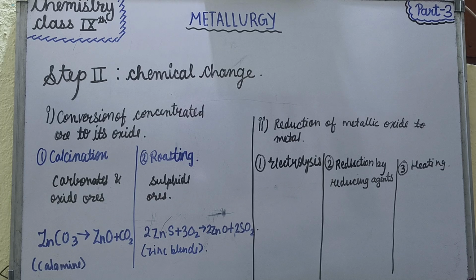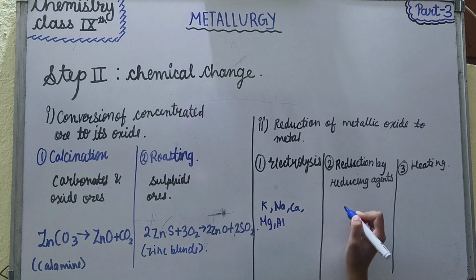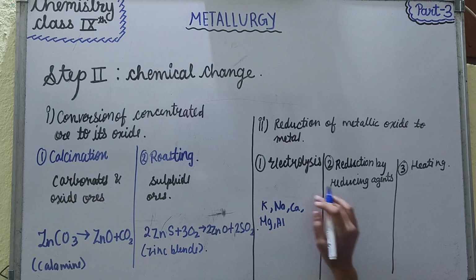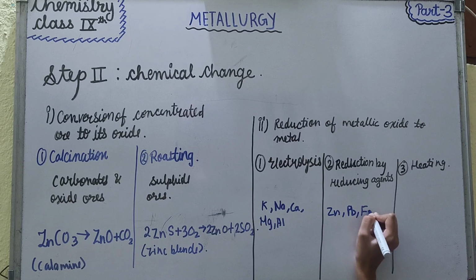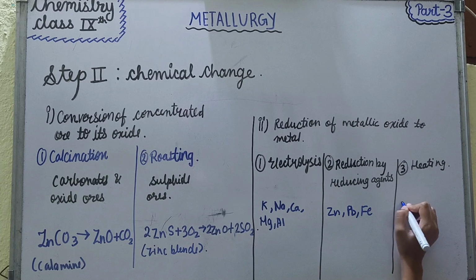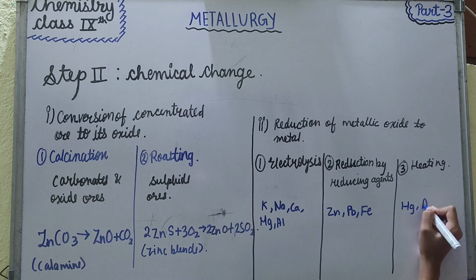Examples of electrolysis are oxides of potassium, sodium, calcium, magnesium, and aluminium. Whereas in chemical reduction, examples are oxides of zinc, lead, iron, etc. In thermal decomposition, the examples are oxides of Hg and Ag.